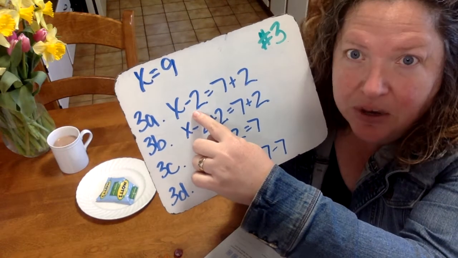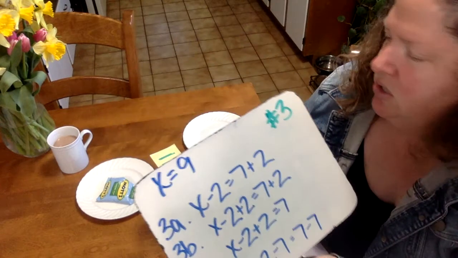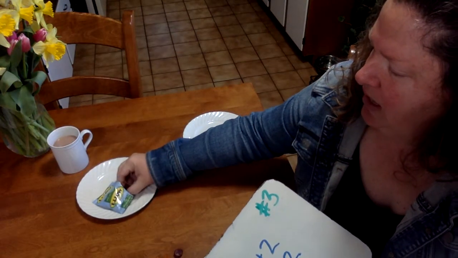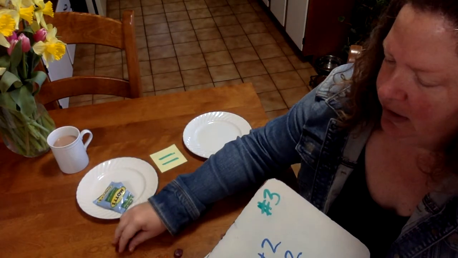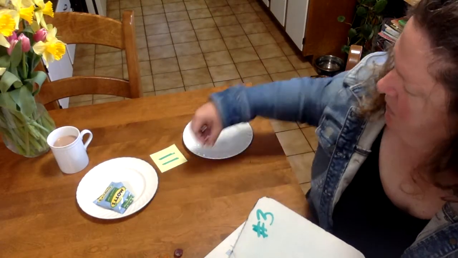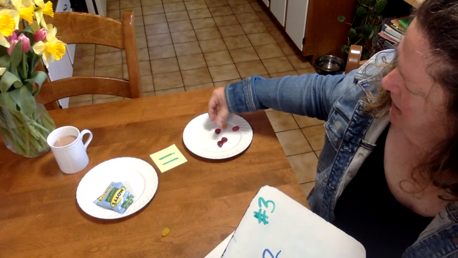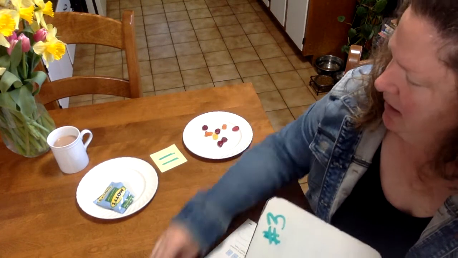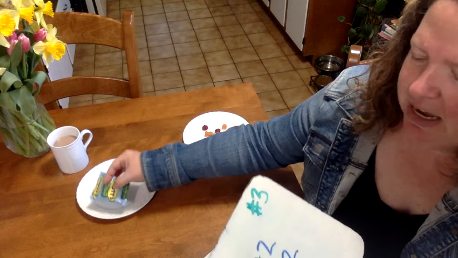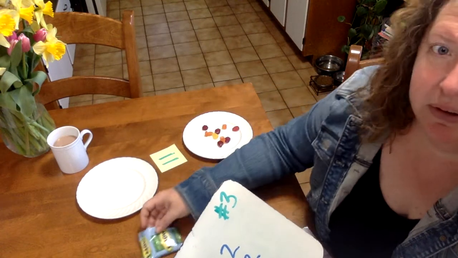We're again going to take away 2 on that side, and over on this side is 7 plus 2. So X, we take away 2, and equals 9. 1, 2, 3, 4, 5, 6, 7, 8, 9. Does X equal 9?